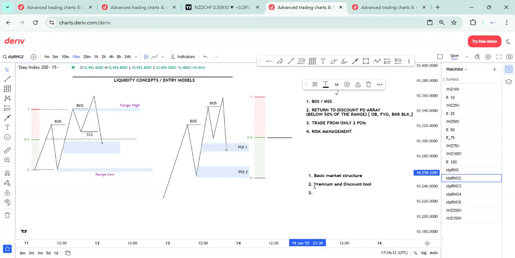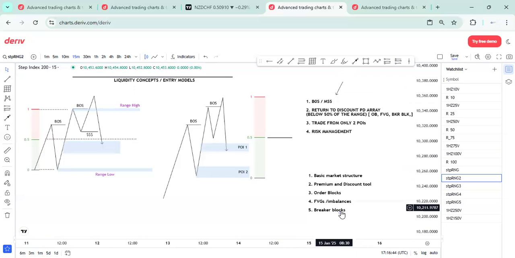You should understand order blocks. You should understand fair value gaps, FVGs in short, slash imbalances. And then number 5, you must understand breaker blocks. All right, so these are the 5 components you are going to work with as far as this strategy is concerned, right?